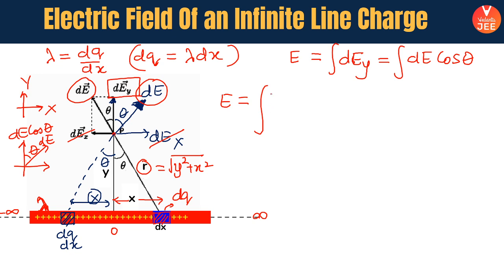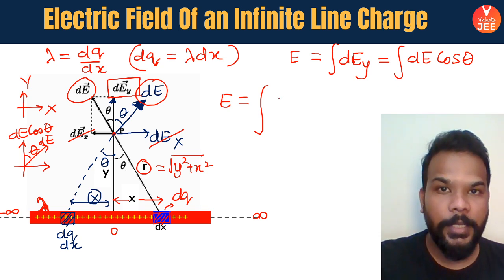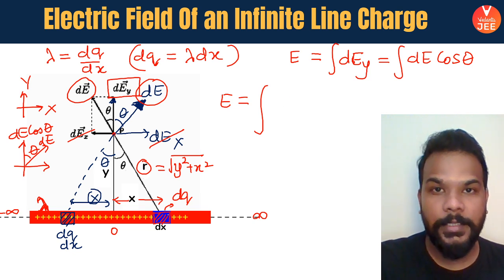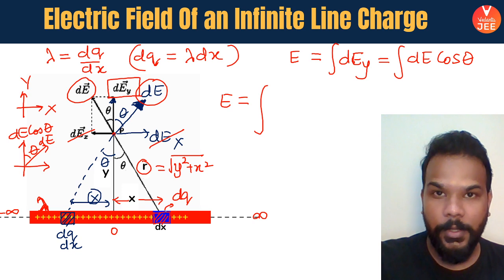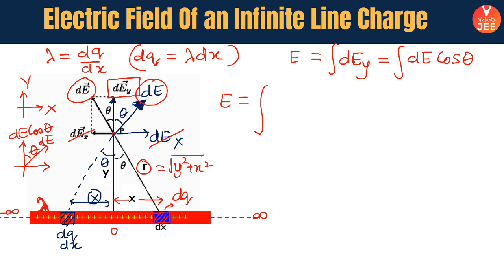Because of a point charge, you remember the electric field is written as kq by r square. So that's what is going to be applied here, because what you see here is a small point charge only. So k dq by r square into cos theta. That's basically your electric field and will be integrated.